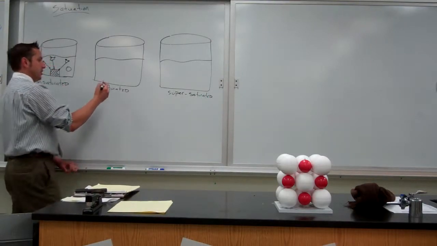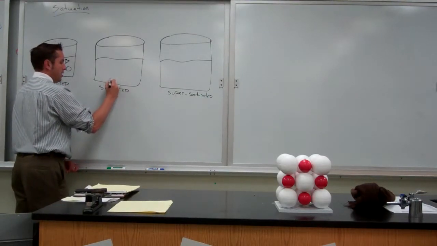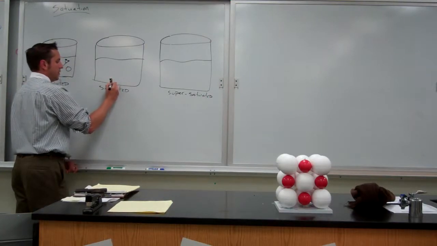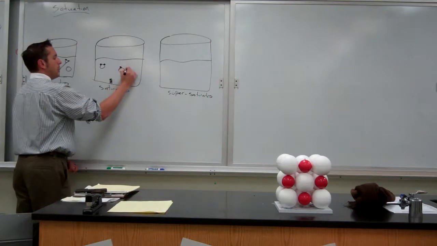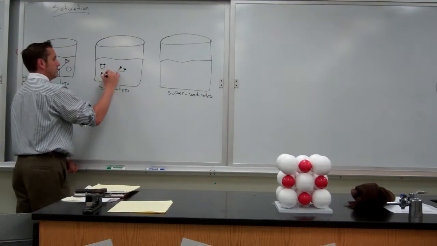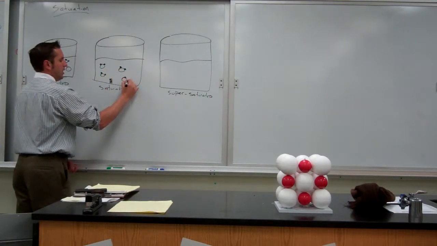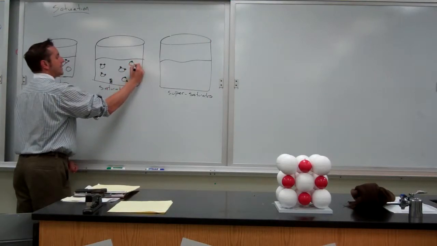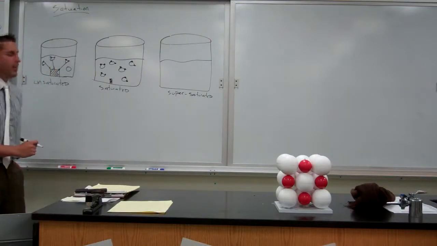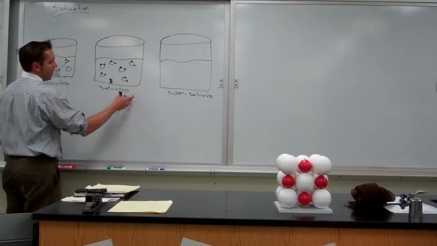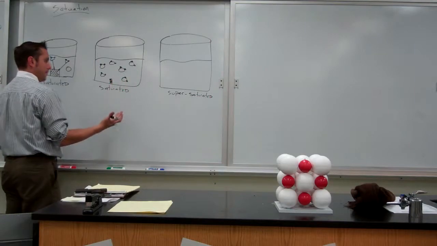A saturated solution would be one where we have dissolved as much of the crystal as we can, and every water molecule is holding the maximum amount of solute that it can. So what would happen here is all of these waters are filled up.